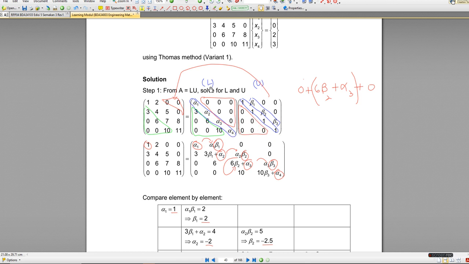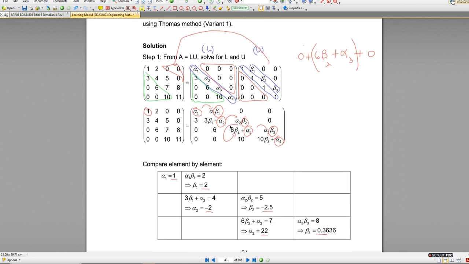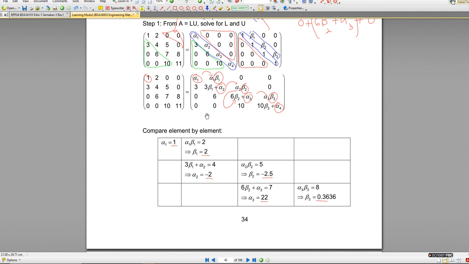The rest is like this: in matrix L the diagonal is alpha, while in matrix U the diagonal is 1. Based on this, you compare to identify the value of each element.